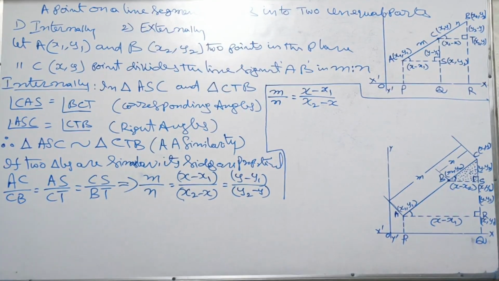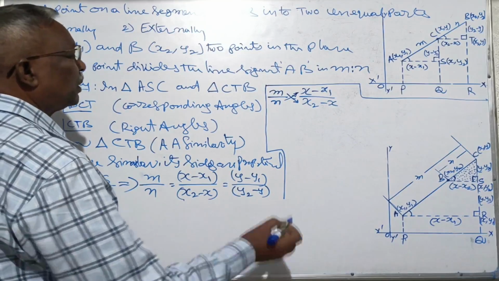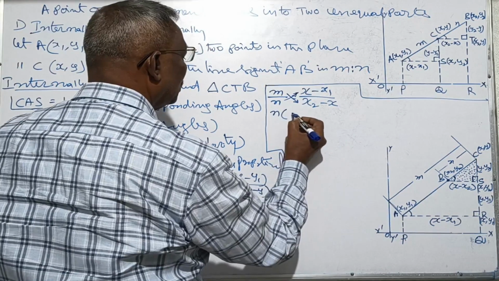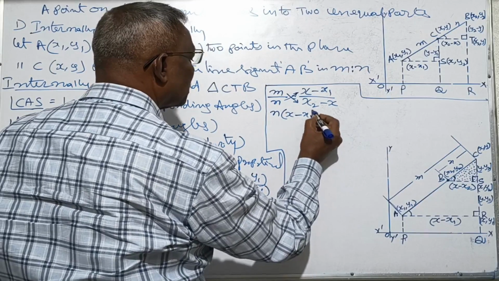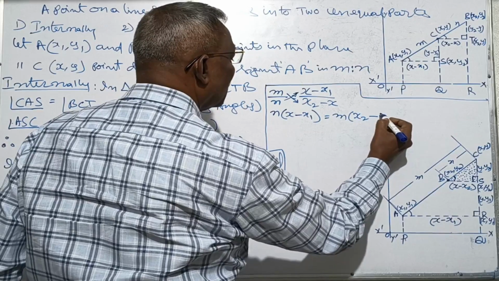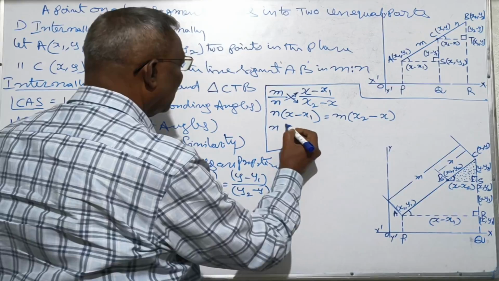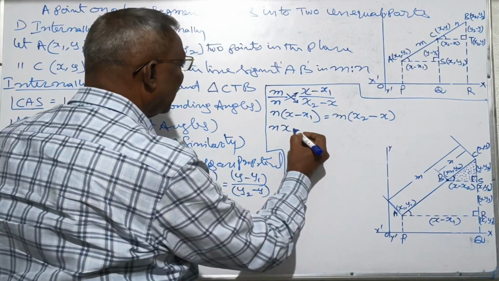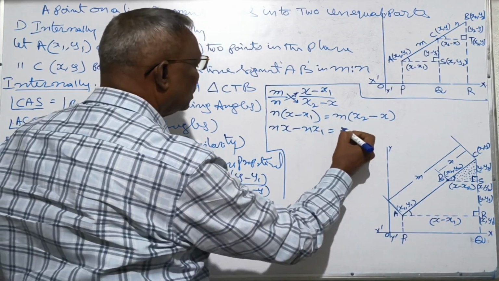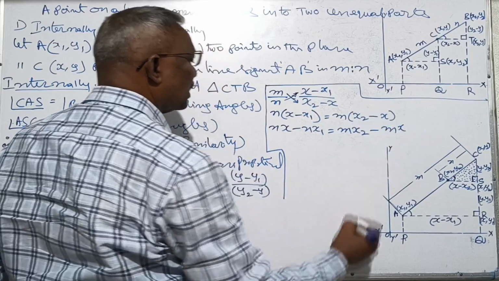Cross multiply it. N into X minus X1 is equal to M into X2 minus X. That is NX minus NX1 is equal to MX2 minus MX.